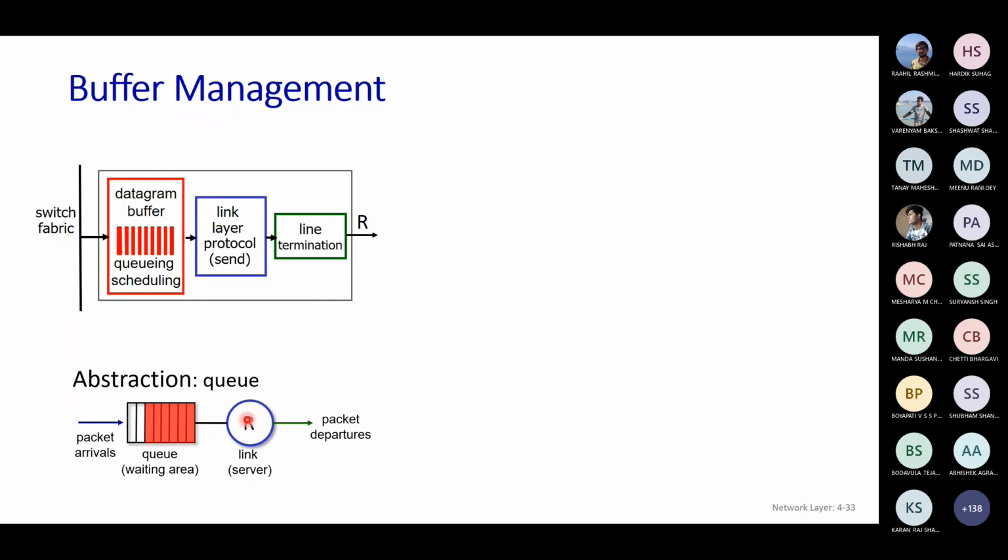Once that is done, physical layer protocols are incorporated over the given fragment and you simply transfer it. That is known as the packet departure. So you have packet arrivals, then the packet is queued, then it is served, and then there is a departure of packets.